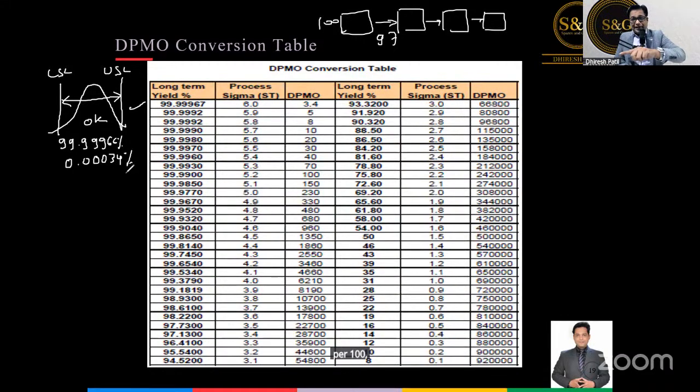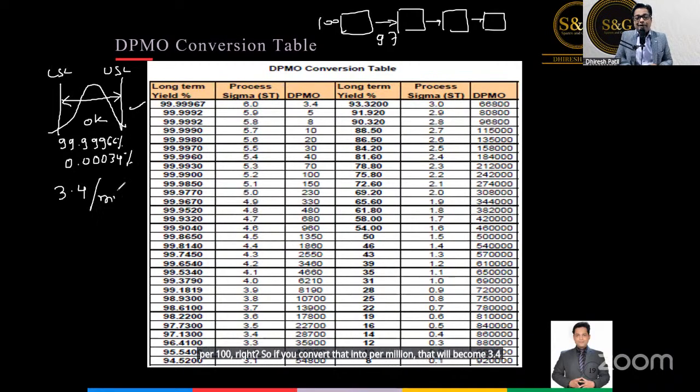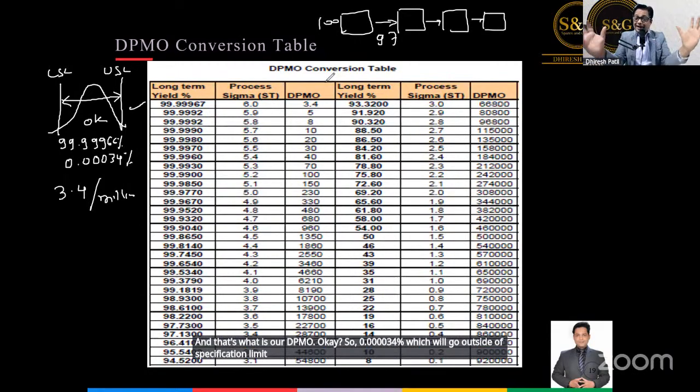If you convert that into per million, that becomes 3.4 per million, and that's our DPMO. So 0.00034 percent will go outside of the specification limit; in per million terms, it is 3.4.